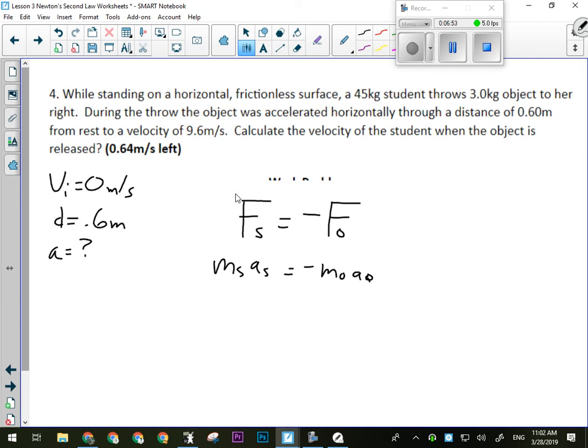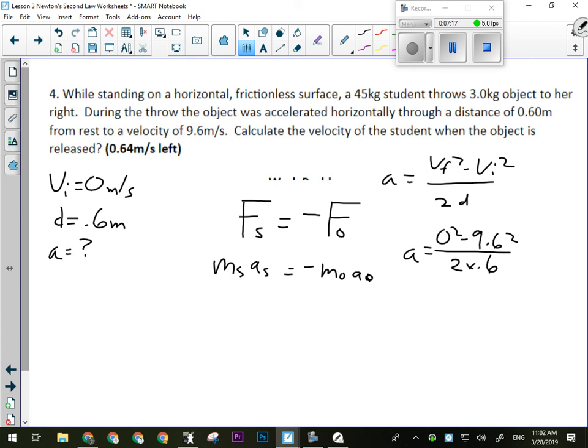Okay, so I'm going to calculate the acceleration of the object here. Okay, so the acceleration of the object, I have V_i, I have V_f, and I have d. All right, so I'm going to use V_f squared minus V_i squared over 2d and get the acceleration of the object. Okay, so that'll be 0 squared minus 9.6 squared divided by 2 times 0.6. Right, it was 0.6, yeah.